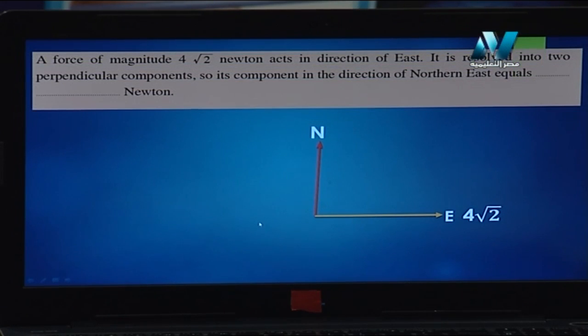Yes, a force of magnitude 4 root 2 acts in the direction of east, as you see here. This is the E, meaning east direction, and the force equals 4 root 2 Newton, and this is the north direction.